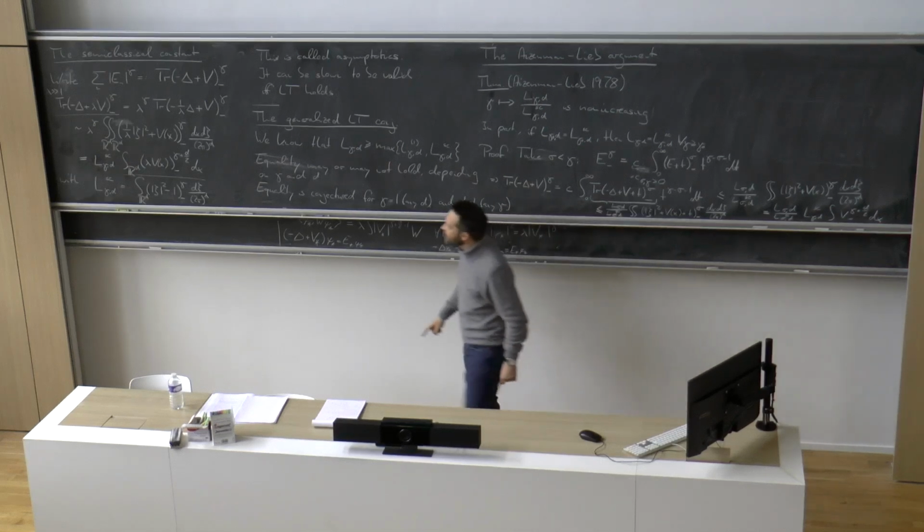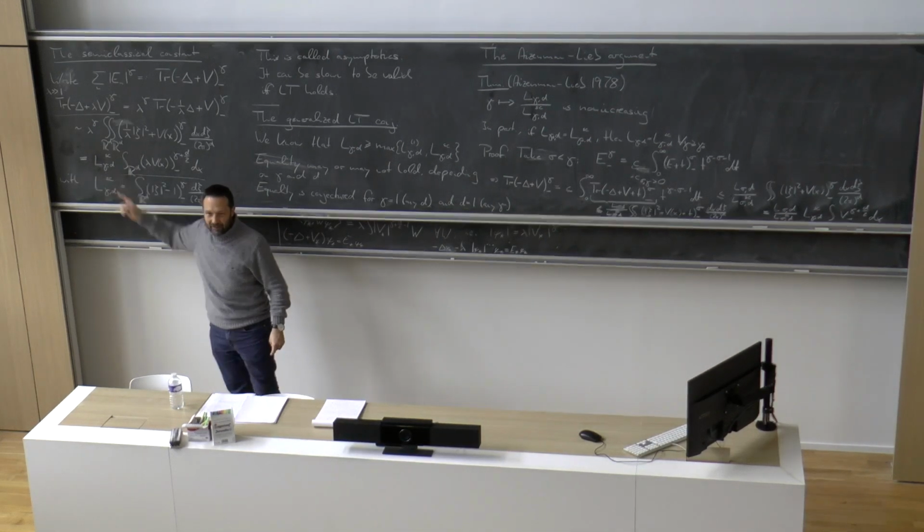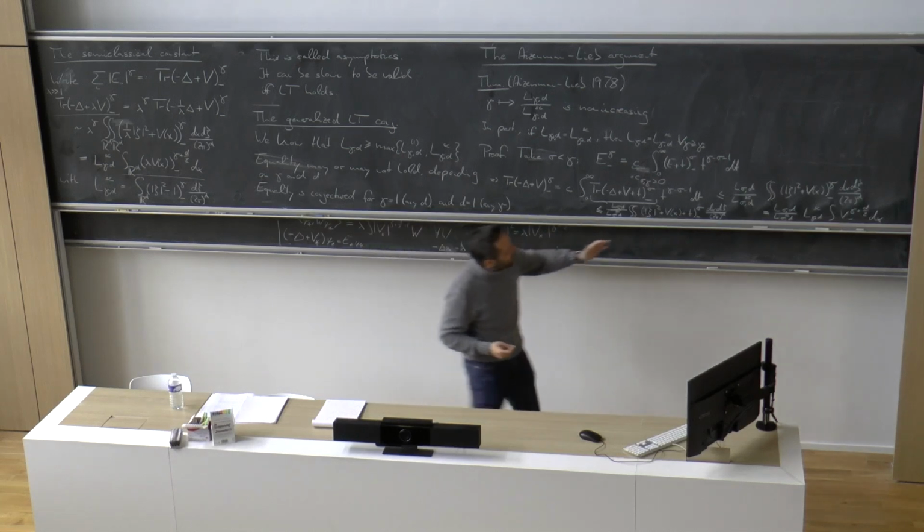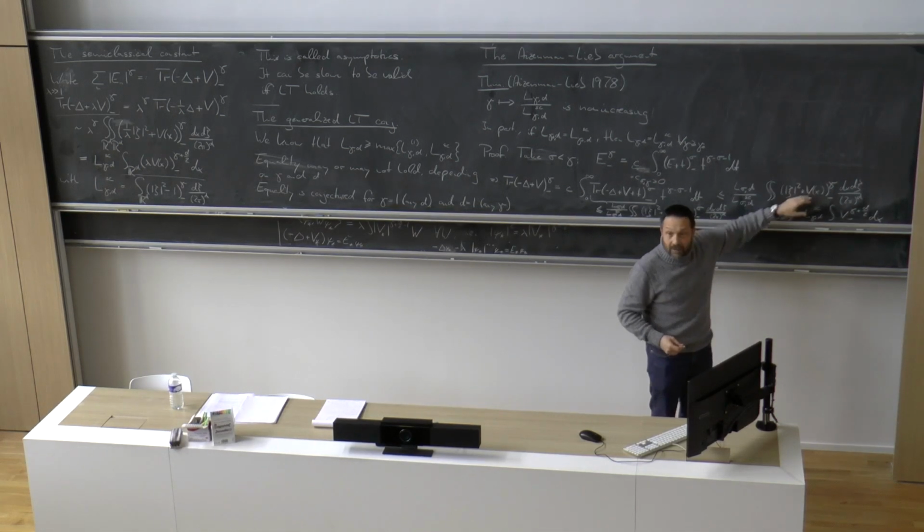I've done once again this computation that I mentioned, right? That in this semi-classical integral, you can perform the xi integration. And when you do this, you get out this constant.